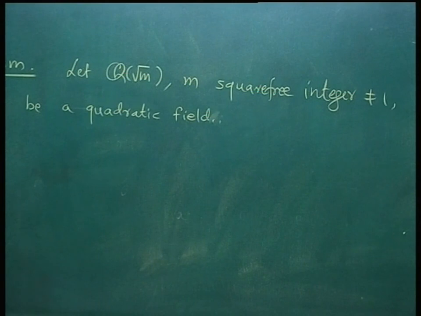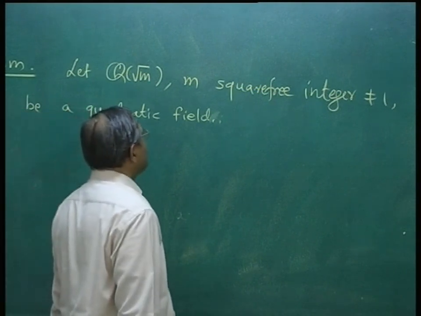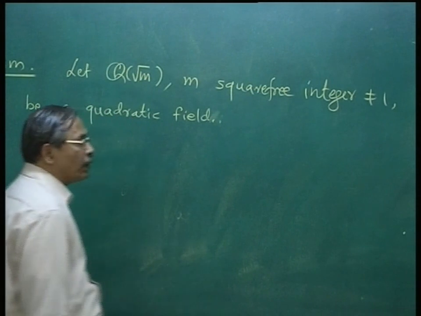So what are the algebraic integers? Elements of Q(√m) are of the form (a plus b√m)/C.